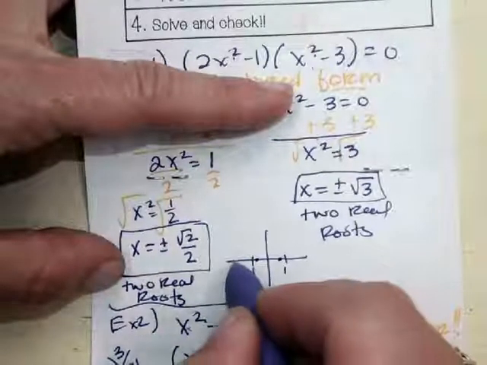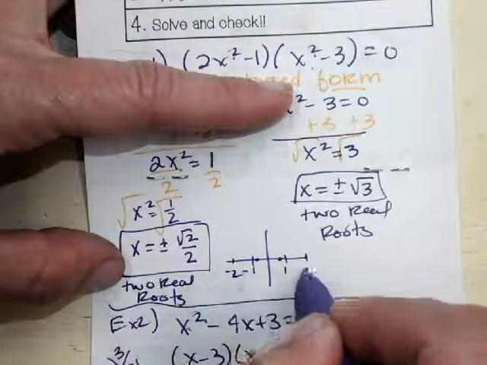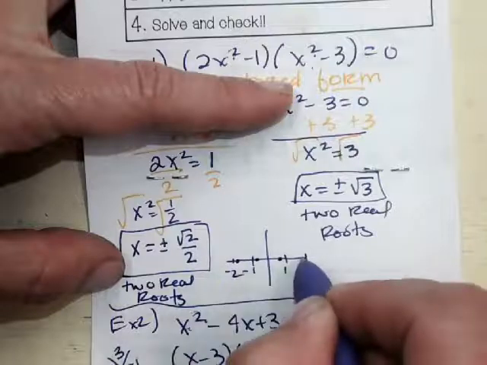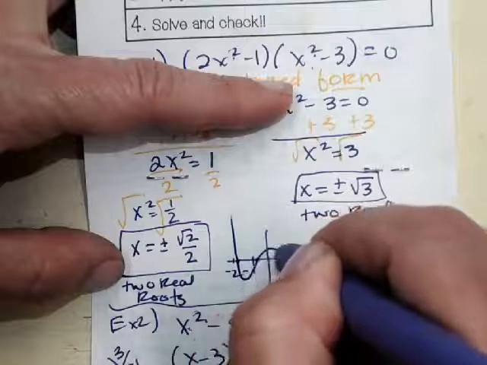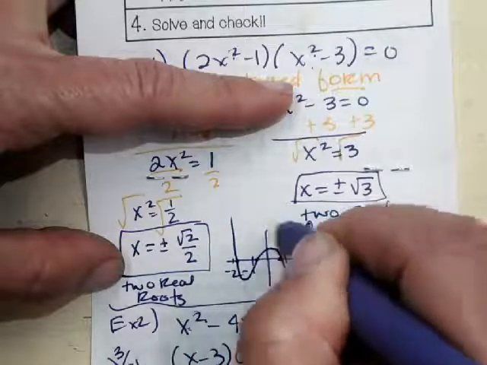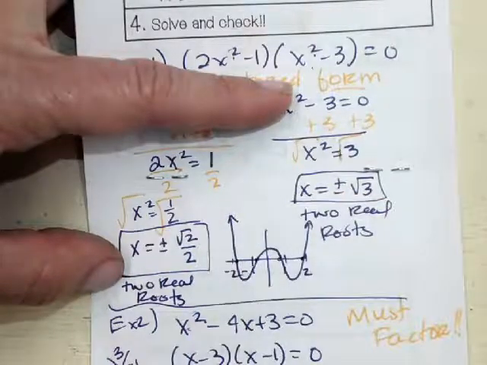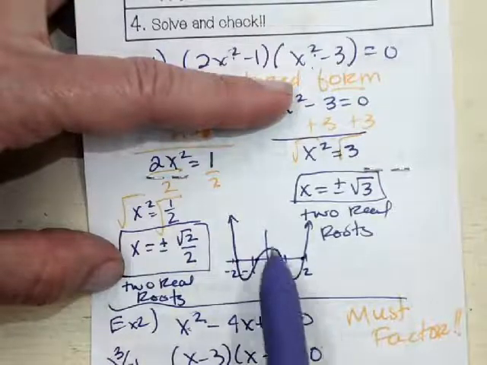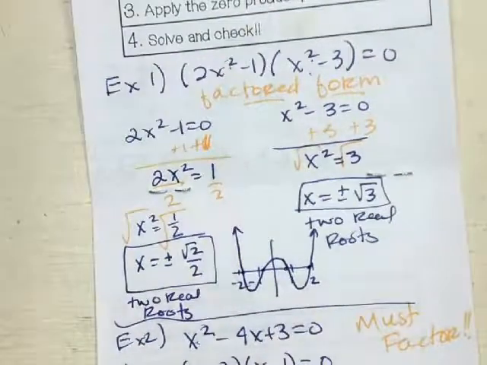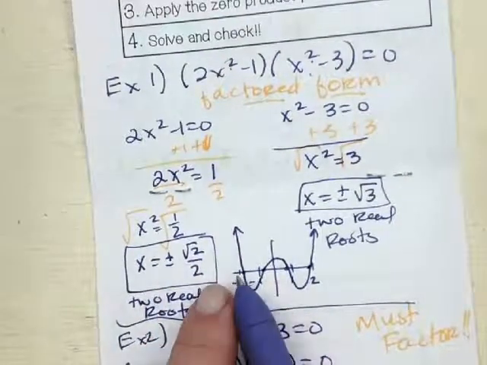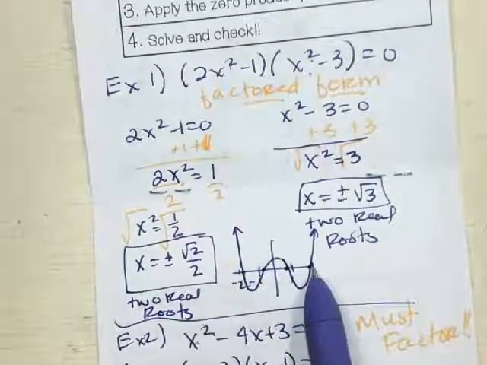So if this is -2 and this is +2, it's going to be here and here. And my graph is going to look kind of weird. It's going to look like this. I'm not sure how far down it goes, how far up it goes on the little roller coaster humps, but that's what it's going to look like along that x-axis. It's going to cross in those 4 places.